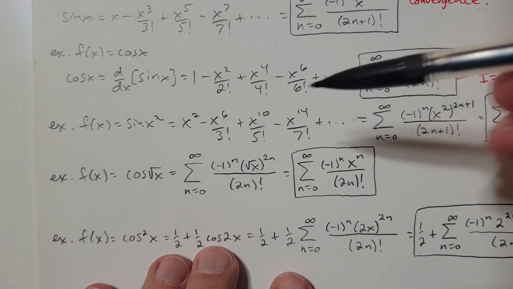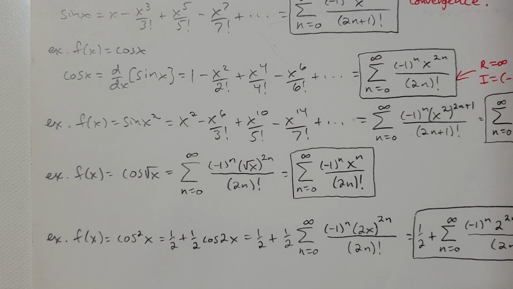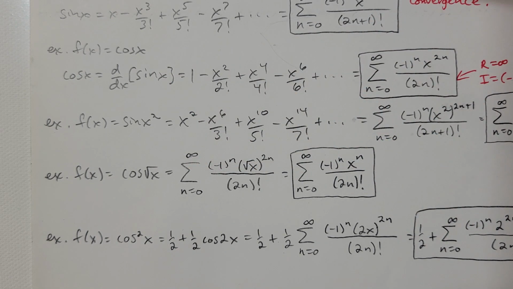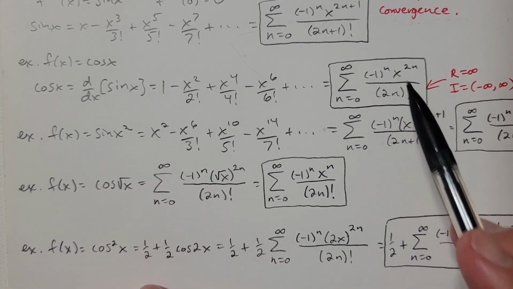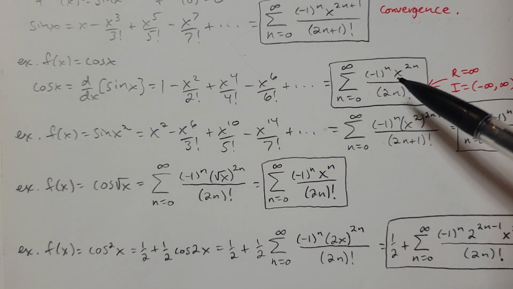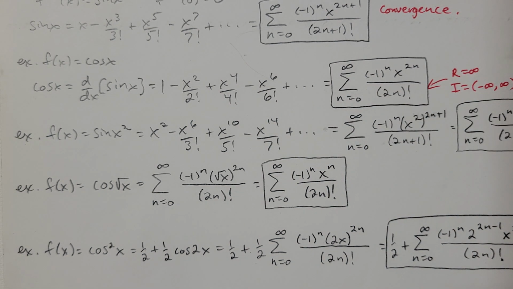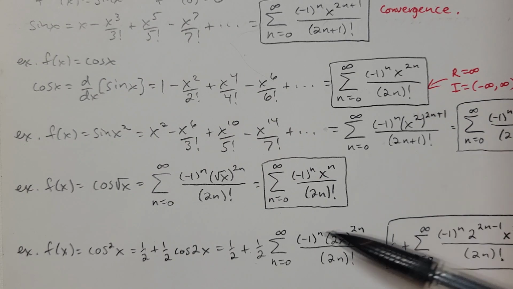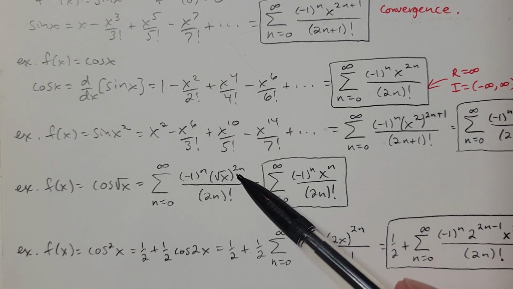Okay, and here's another example. So what if I had the power series form for cosine of the square root of x? Okay, well, cosine of x is this guy right here, right? So all I'm going to do is replace x with the square root of x. Okay, and so if I go right to the power series form there, square root of x to the 2n.